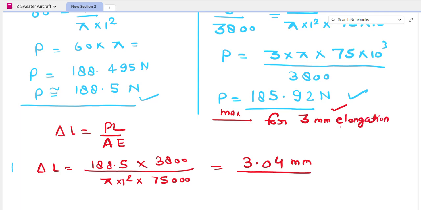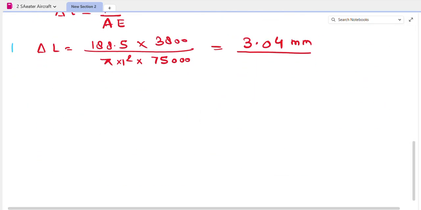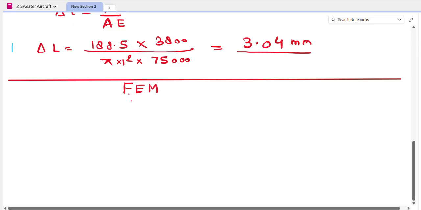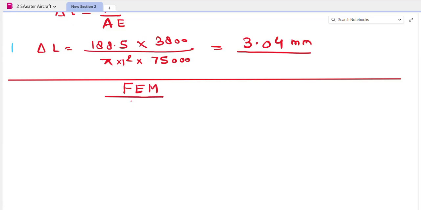Now the second part is coming. How do I verify with FEM? For FEM, what output will I get? I will get stress and elongation.